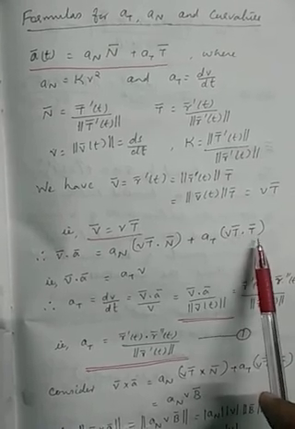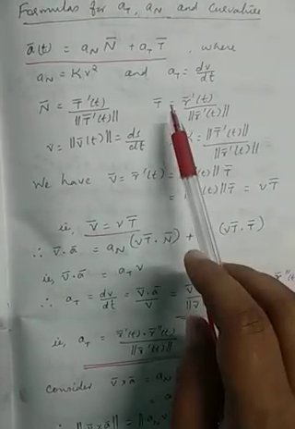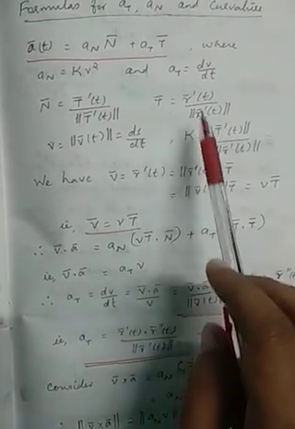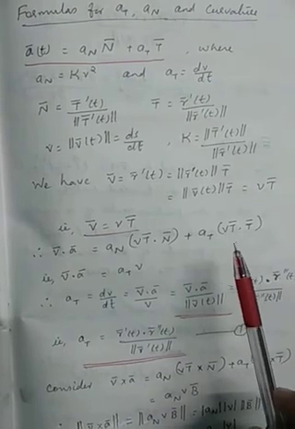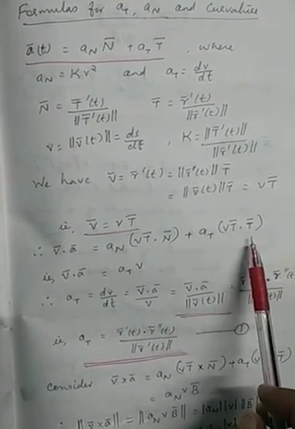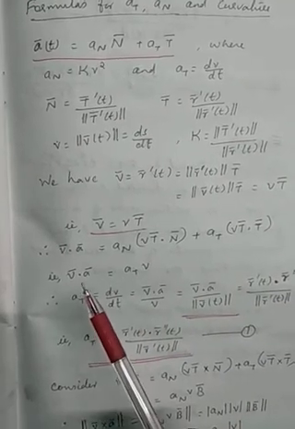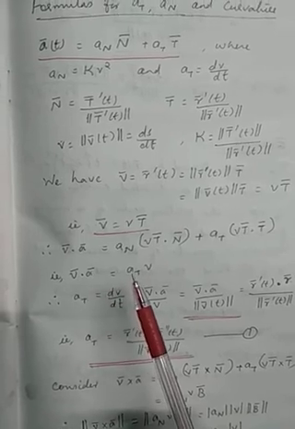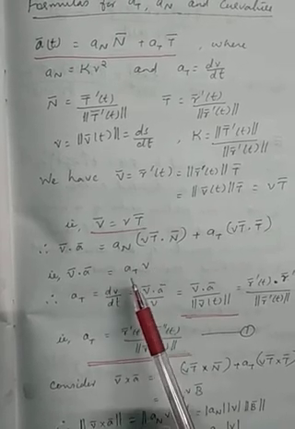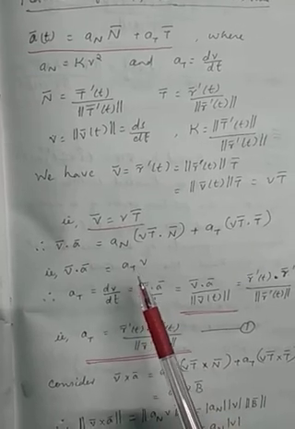And what is norm of T? Since T is a unit vector, norm of T is equal to 1. So, this term becomes AT into v. So, we have v dot a is equal to AT into v, where AT is the tangential component of acceleration. From this, we can find AT.